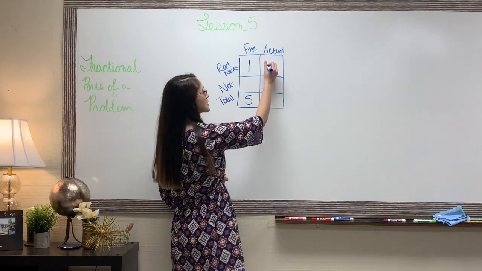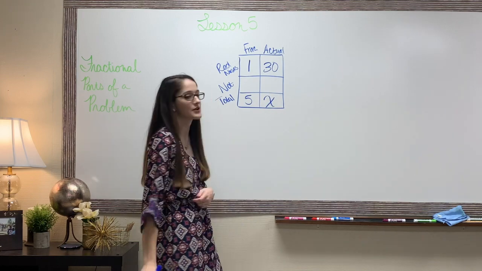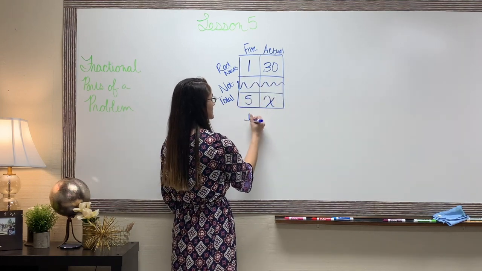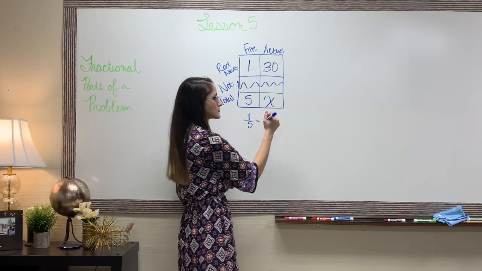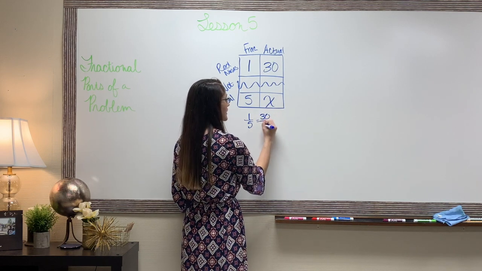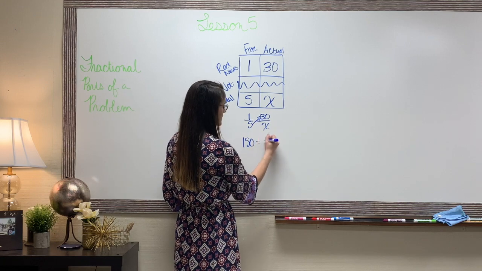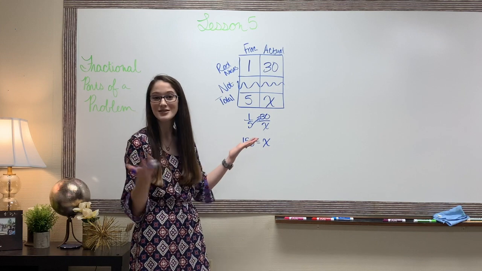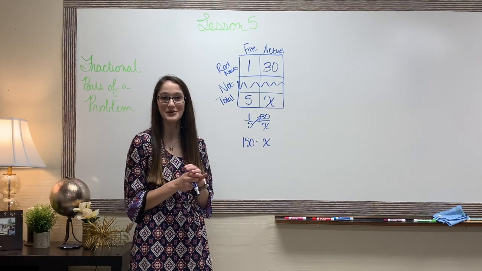We also know that 30 had red noses. They want to know how many clowns were there in all. So I actually don't need this middle bar, and then we would set this up as a ratio problem. So it'd be 1/5 equals 30 over x, and I would solve by cross multiplying, and we would get 150 equals 1x, also known as x. But again, it works. It got us the answer, so I'm not going to tell you that you can't do that.